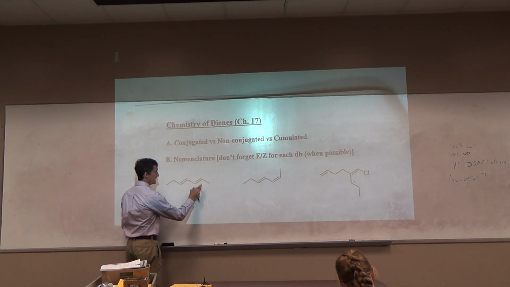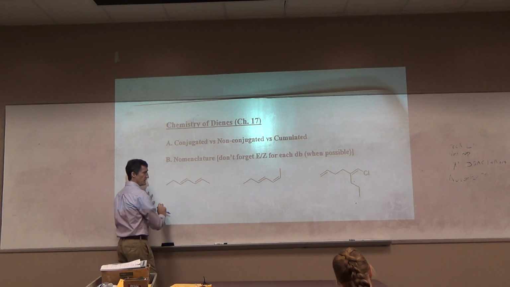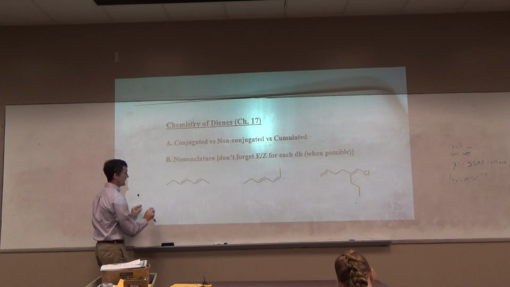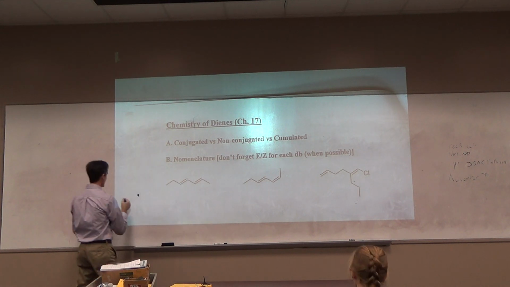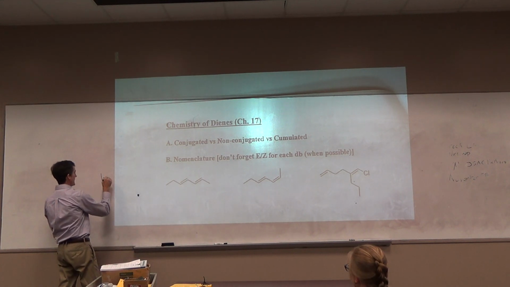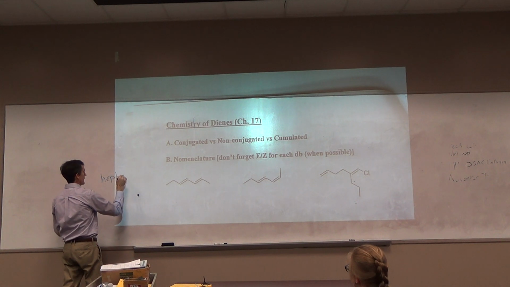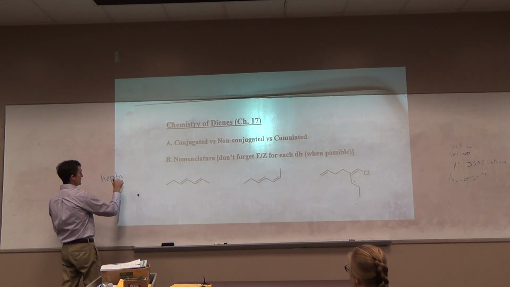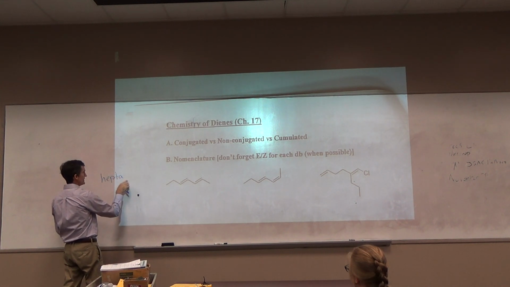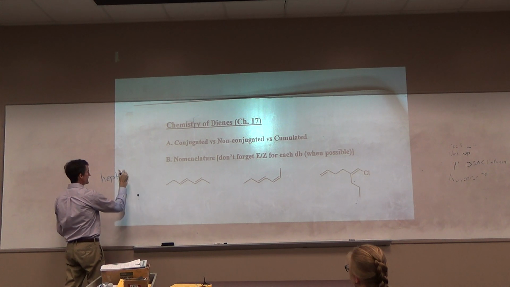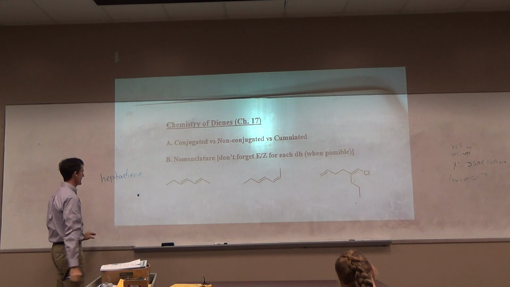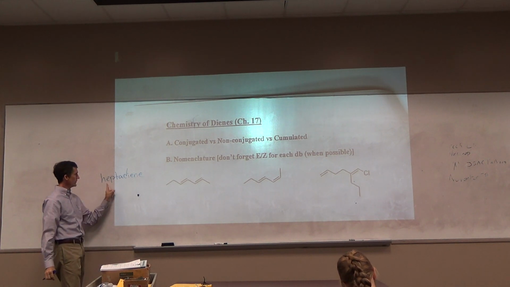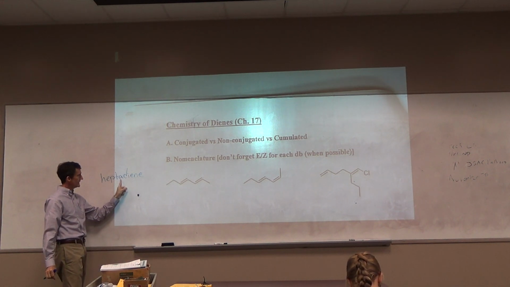Longest continuous chain. The two enes, alkenes, must be in the longest continuous chain. Well, it's just one chain here. 1, 2, 3, 4, 5, 6, 7. What is that? Heptane? What we do here is we replace the ane with diene, so heptadiene. So it's the prefix diene.